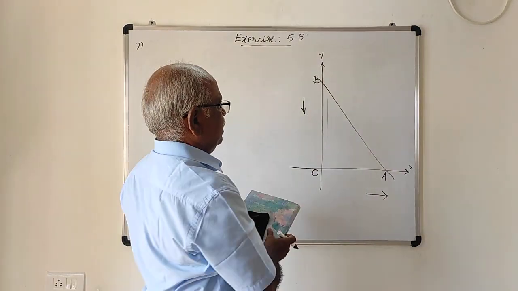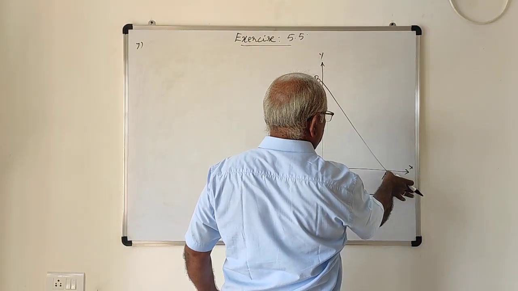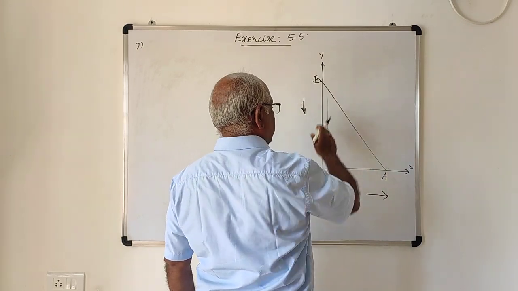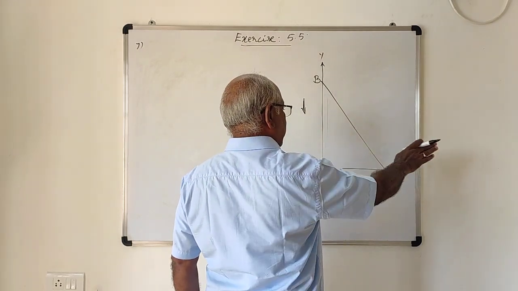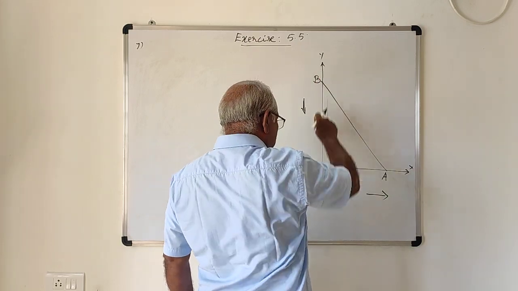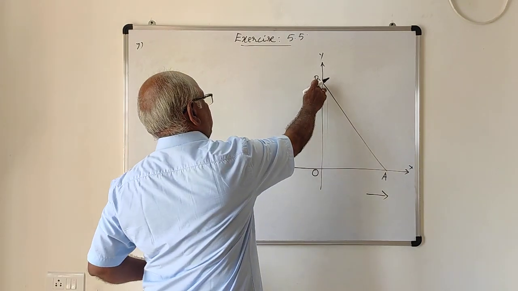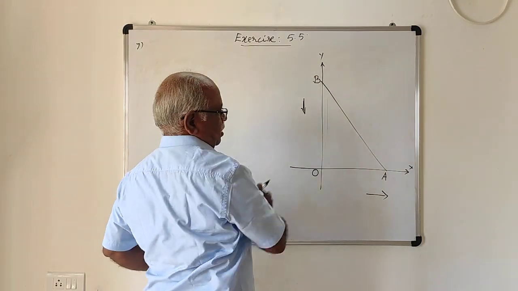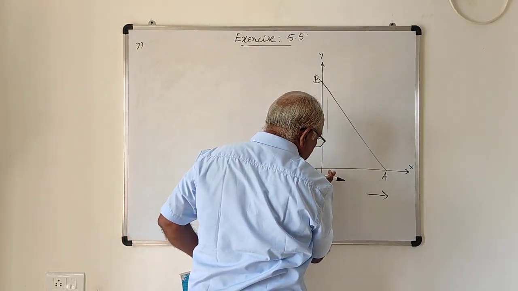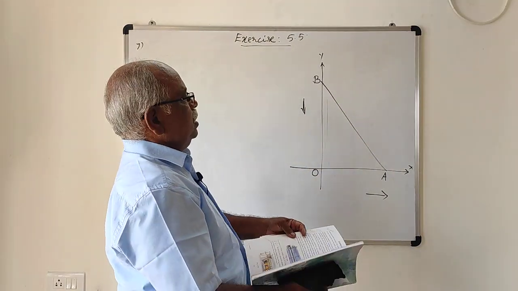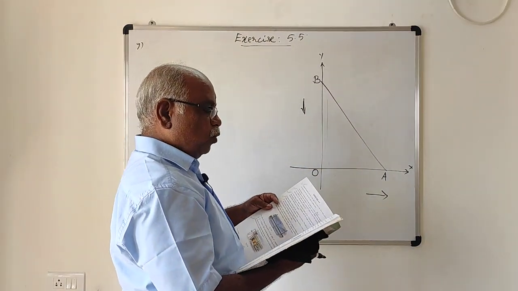The rod AB is moving in such a way that A travels in the direction of OA, and the end B travels towards the origin, while A moves away from the origin. So AB is a rod of length 1.2 meter.